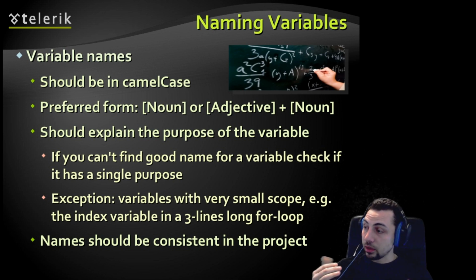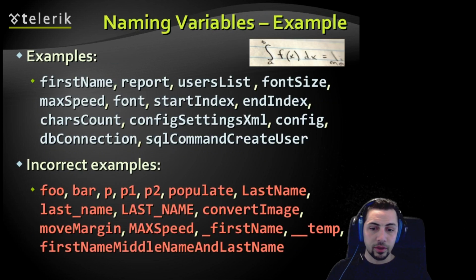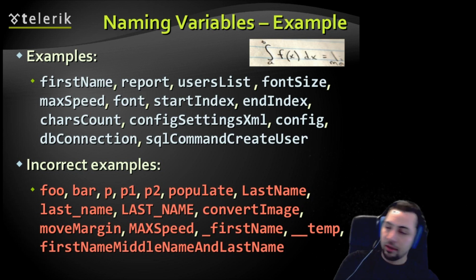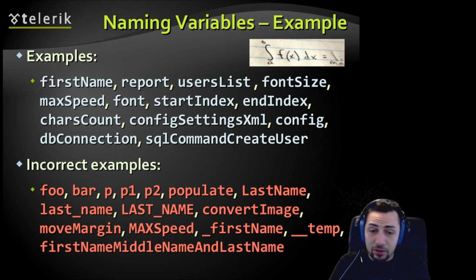But for anything with a larger scope than maybe just a few lines, you want to keep that name descriptive. And the same rules for consistent naming should apply. Okay. So again, variables like foo and bar, if they're going to be used for more than, say, 3 lines, they're not really helpful. Okay.